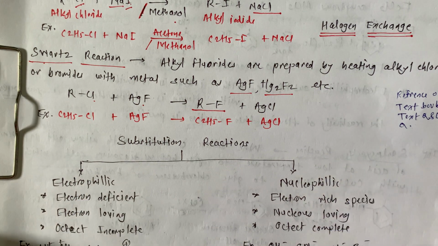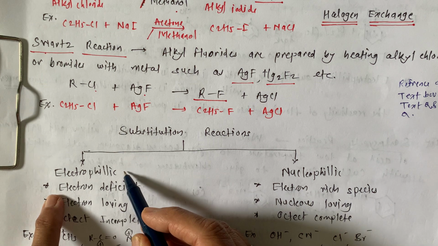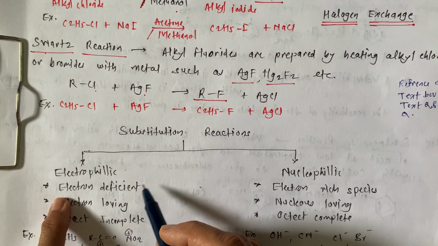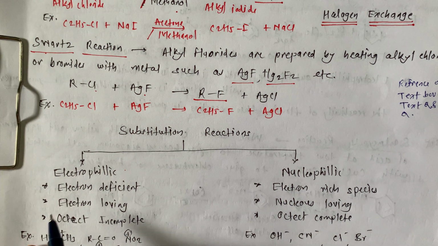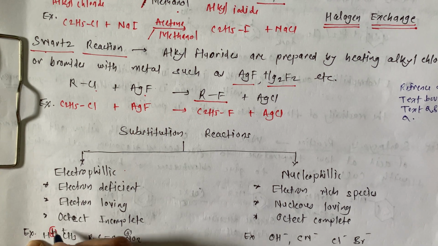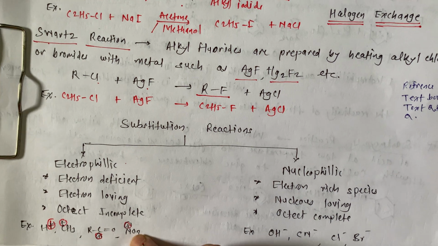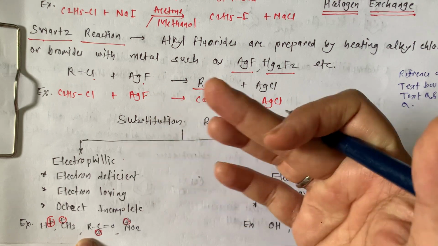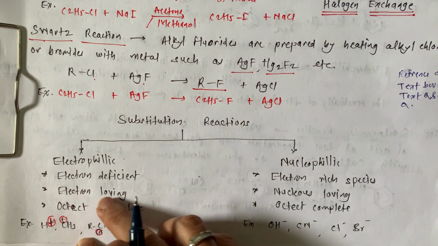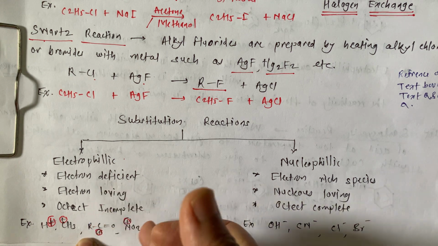Now here I am just going to introduce what is electrophilic. These electrophilic reagents are always electron deficient. When they are electron deficient, they are going to carry a positive charge. As they are positively charged, they have an affection towards electrons, means they are electron loving, and their octet is incomplete, that's why they are positive.